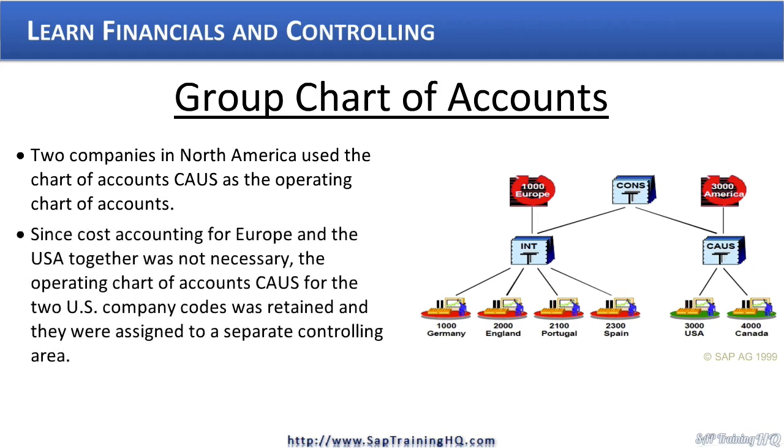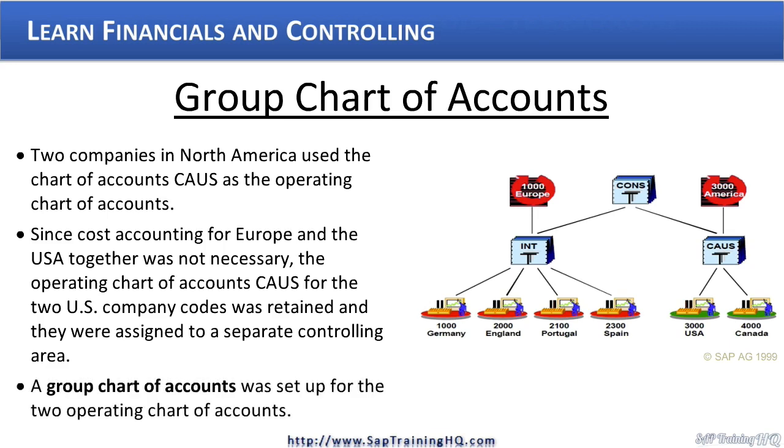Management determined that since cost accounting for Europe and the USA together was not necessary, it retained the operating chart of accounts CAUS for the 2 US company codes and assigned them to a separate controlling area. For consolidation purposes, a group chart of accounts was set up for the 2 operating charts of accounts.